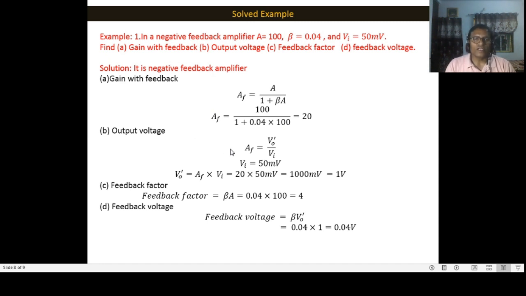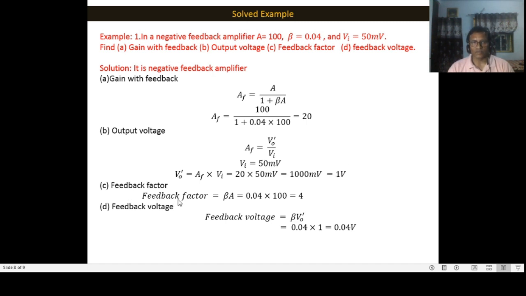Now, output voltage: gain of the amplifier with feedback can also be written as output voltage with feedback divided by the input voltage, which is given as 50 millivolts. So output with feedback becomes gain with feedback times input voltage, and that comes out to be 1 volt.